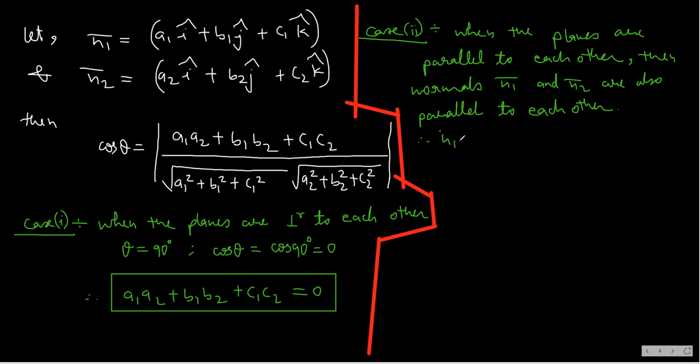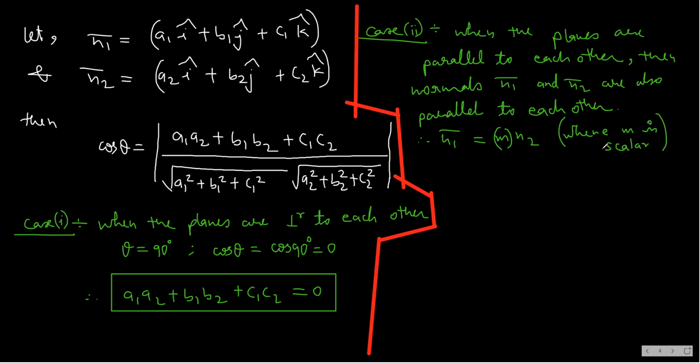Therefore, n1 bar can be written as k n2 bar, or n1 bar can be written as m n2 bar, where m is a scalar.